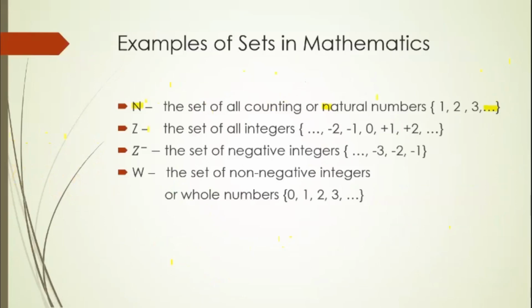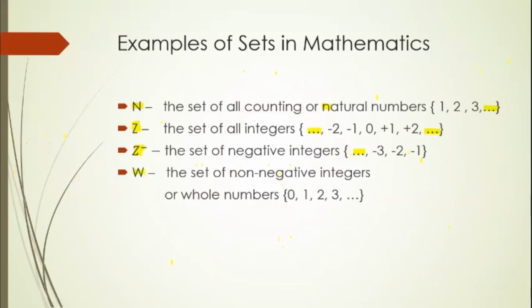What about capital letter Z? Your letter Z is the set of all integers from negative infinity to positive infinity. What about Z negative? It is the set of negative integers, so that is from negative 1 to negative infinity.